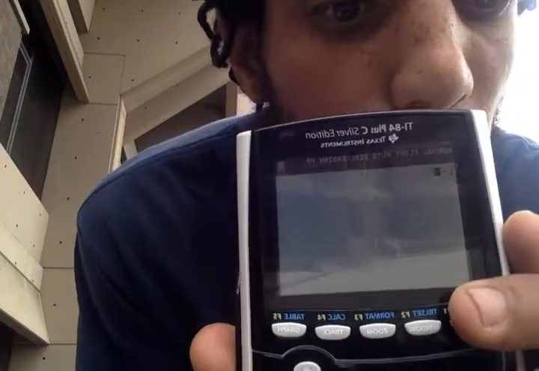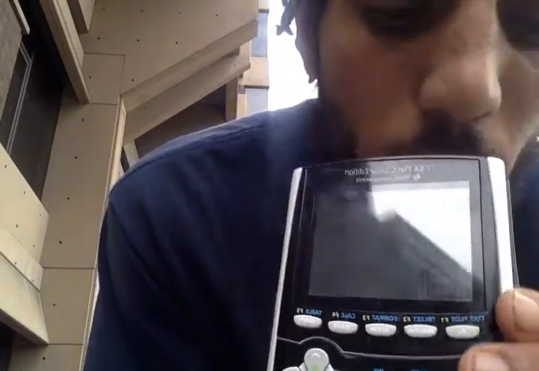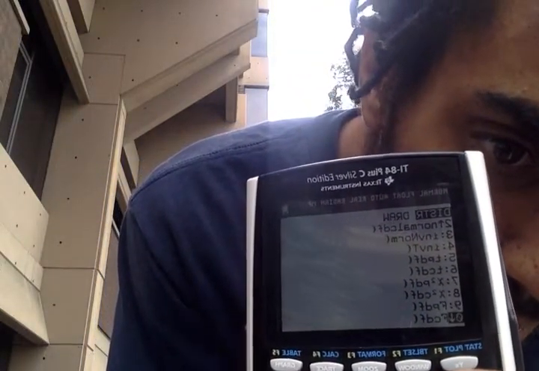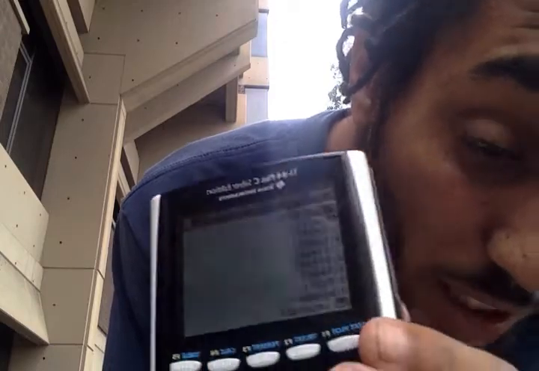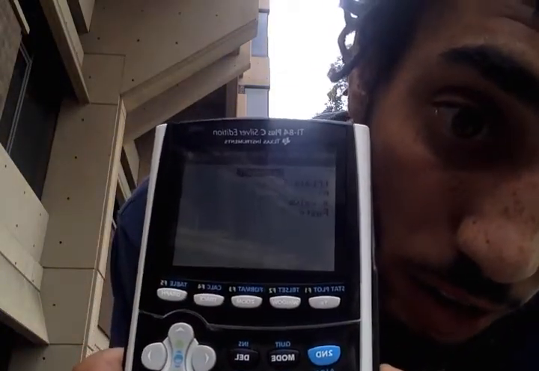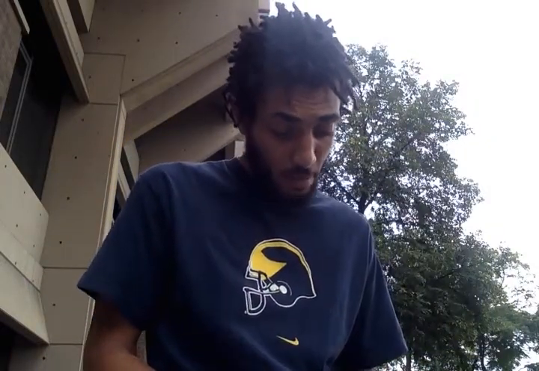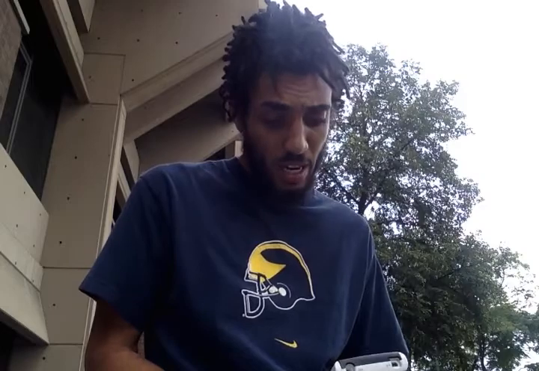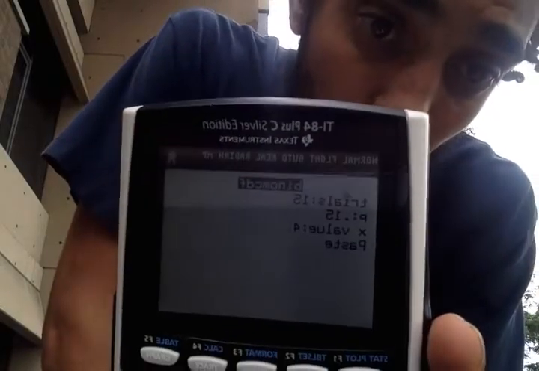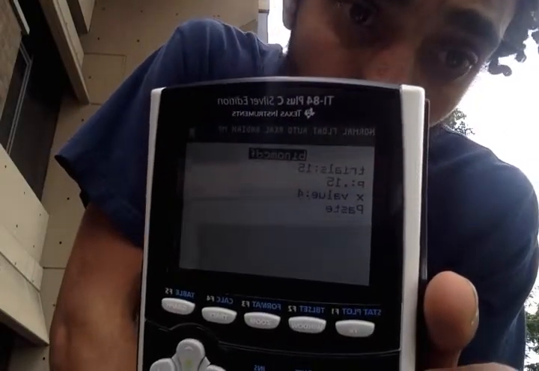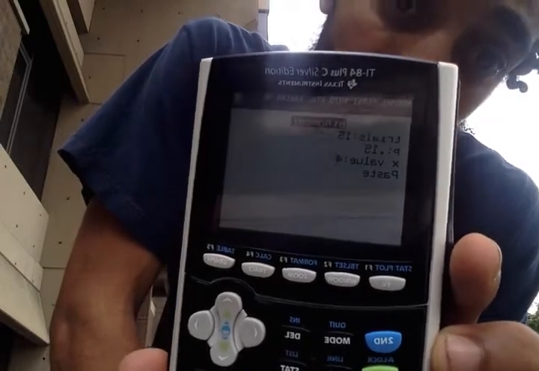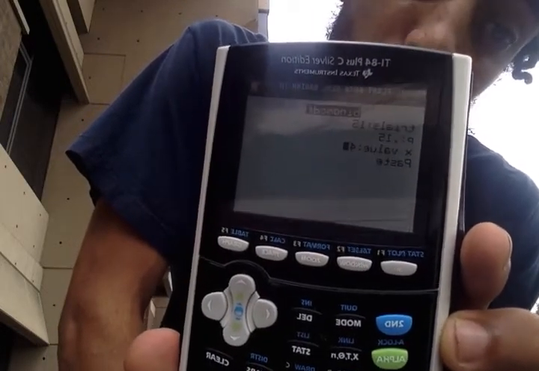So we'll do 1 minus second vars, go down to binomial CDF, enter, and then for trials will still be 15, P is still 0.15, but the X value is 4 now, because it's asking more than 4, and we minus by 1 because it's asking more than and not less than.